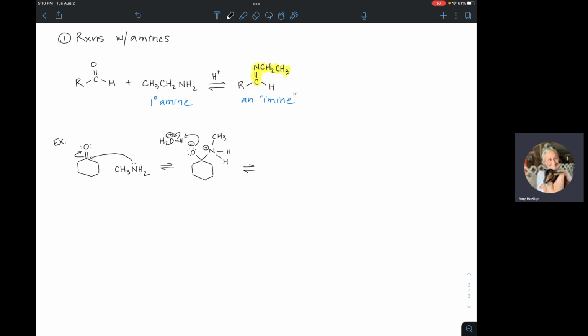I got a protonated tetrahedral intermediate coming up over here where I've got a nitrogen with a positive charge. I have protonated the oxygen. It's on its way to being a decent leaving group. We're not done with it yet. But this will be your first tetrahedral intermediate. We talked about these in the carboxylic acid stuff. You have your first tetrahedral intermediate.